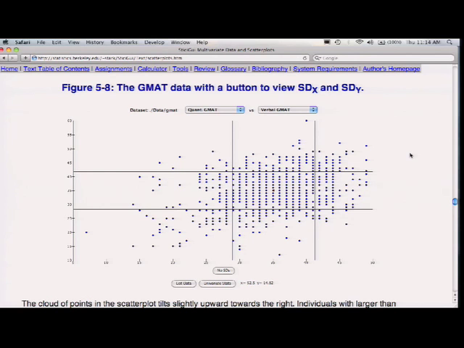All right, so if these lines had been drawn at plus or minus 2 standard deviations away from the mean, then we lose at most 25%. We lose at most 25%. How much is left in the middle?